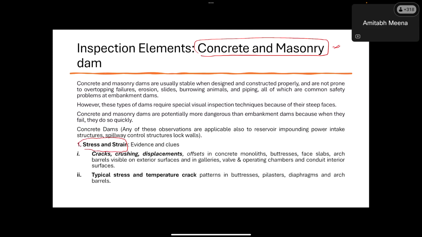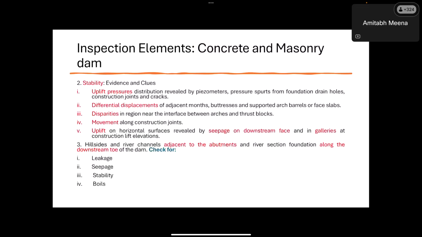It may be temperature cracks also. These are because the underlying stress or strain is going beyond the permissible limits, or it may be due to some cyclicity or some rapid temperature changes. These may occur also.